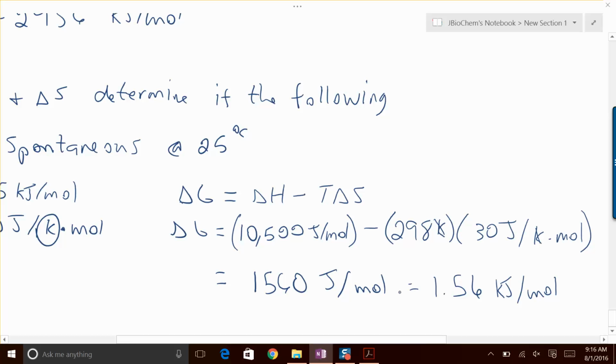Okay, so we would find 1,560 joules per mole, and we can convert that to 1.56 kilojoules per mole, and that would be our answer. Our delta G for this reaction, 1.56 kilojoules. So is this spontaneous or non-spontaneous? This is non-spontaneous, right? Because my delta G is positive. Good.